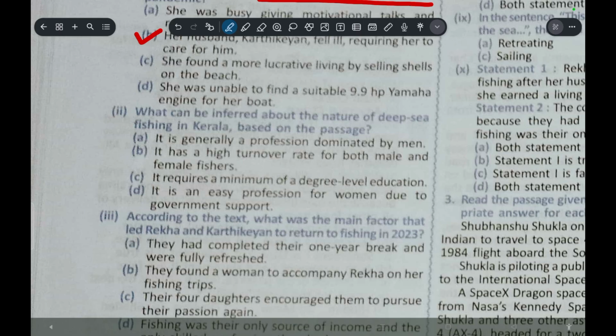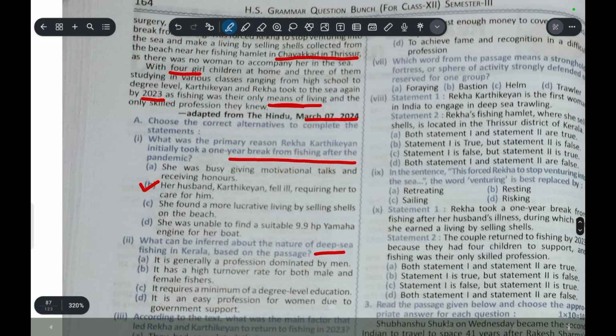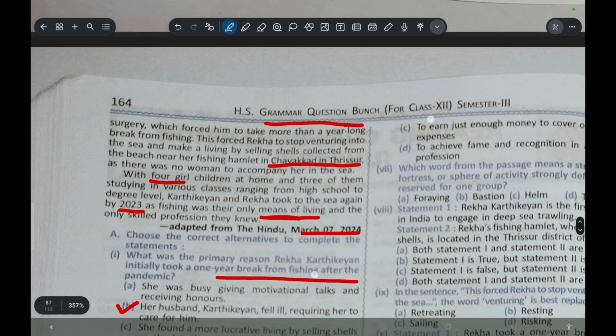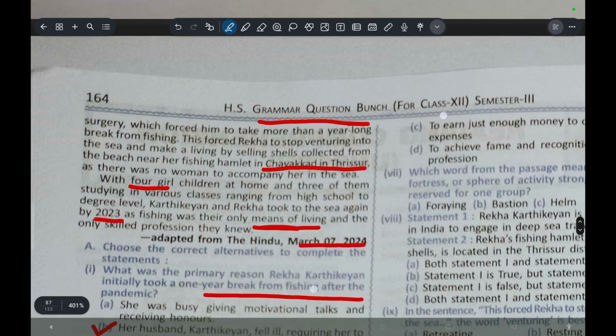What can be inferred about the nature of deep sea fishing in Kerala based on the passage? You have seen this, let me show you.